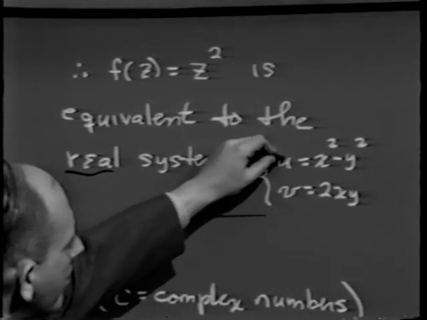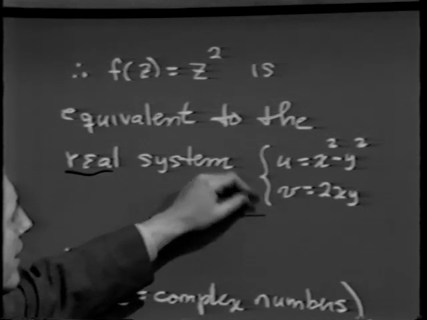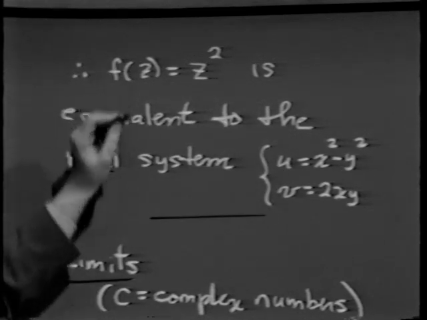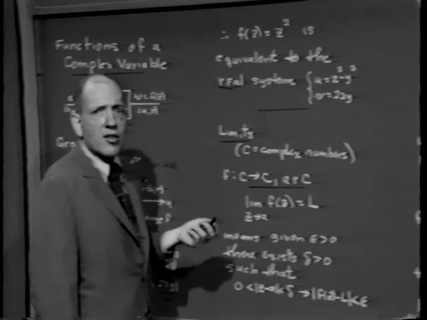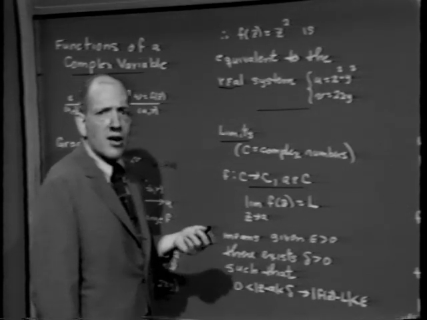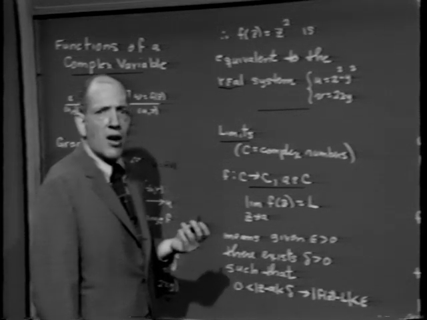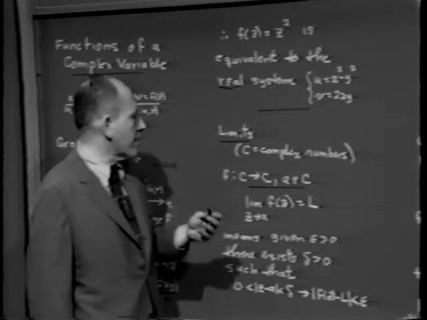You see, this is a system of two real equations and two unknowns, and I cannot distinguish between this problem and this problem. In other words, somehow studying complex valued functions is going to help me view from a different vantage point the study of systems of real functions. But again, more about that as we proceed.